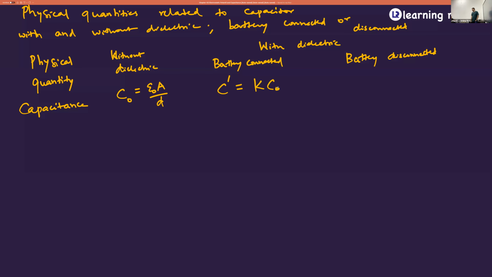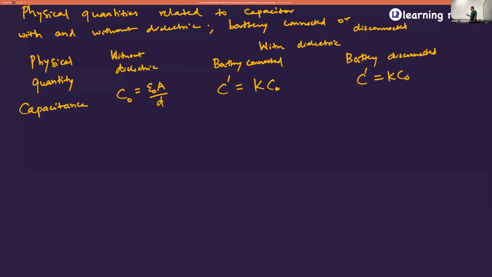So same is going to be the case even if the battery is disconnected, because capacitance does not depend on the connection of battery. It is just like a water bottle you buy from a shop. If it is a 1 liter bottle, it can hold only 1 liter, irrespective of whether you are going to fill water or not, its capacity is fixed. Similar is the case with the capacitor.